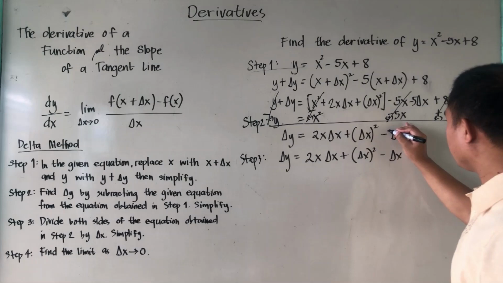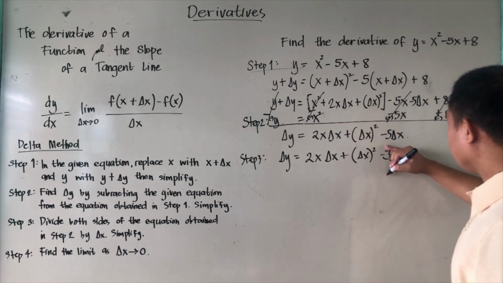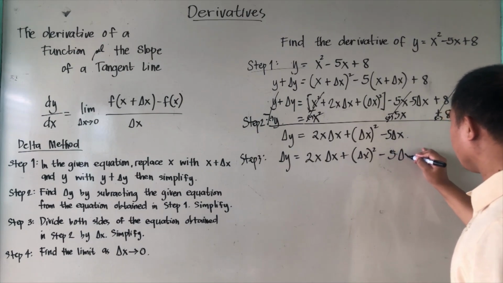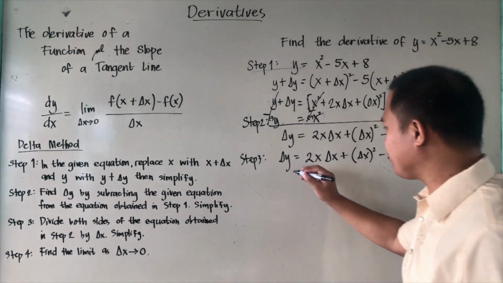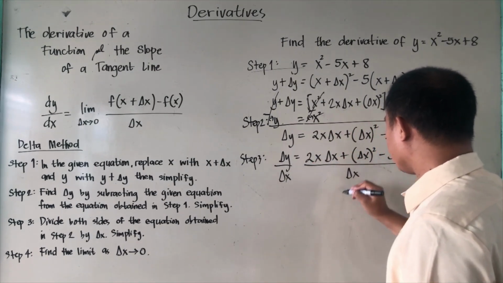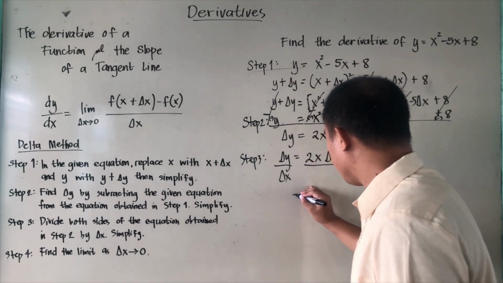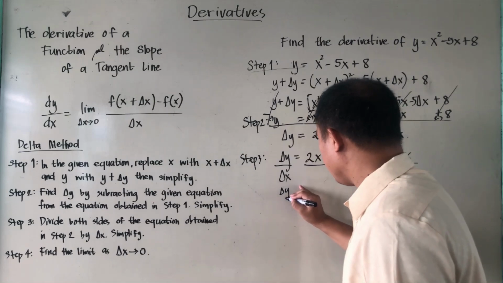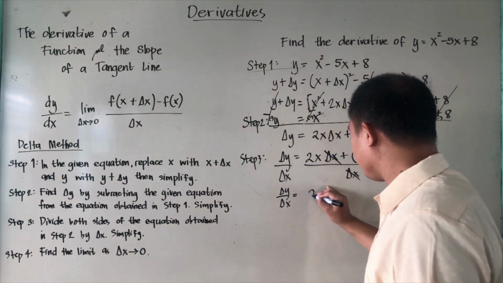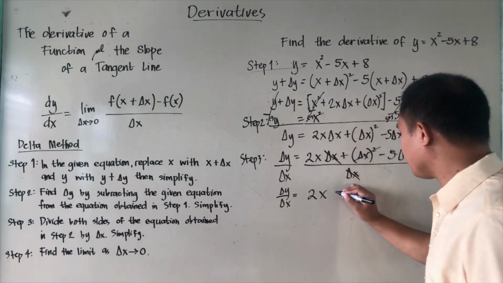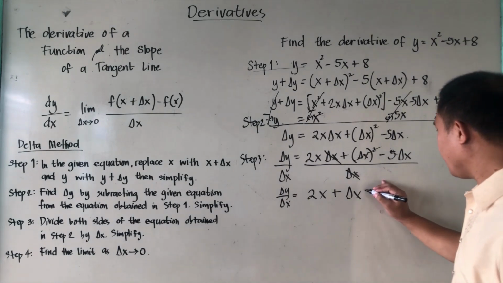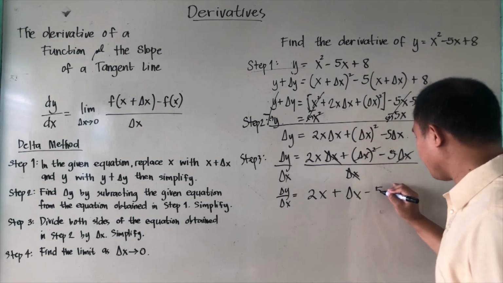So ito po ay magiging negative 5 delta x. Okay? So divide both sides by delta x. So that will give us delta y over delta x. Cancelled out, we have 2x. Cancelled out also, plus delta x. Then cancelled out, we have minus 5.